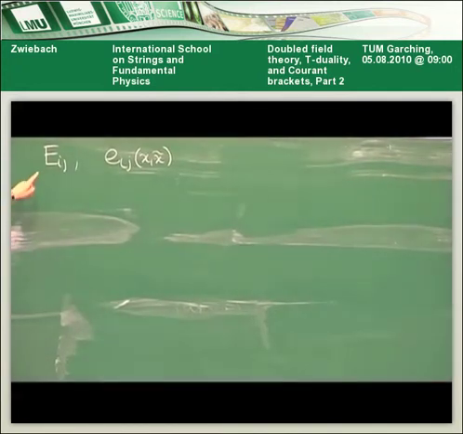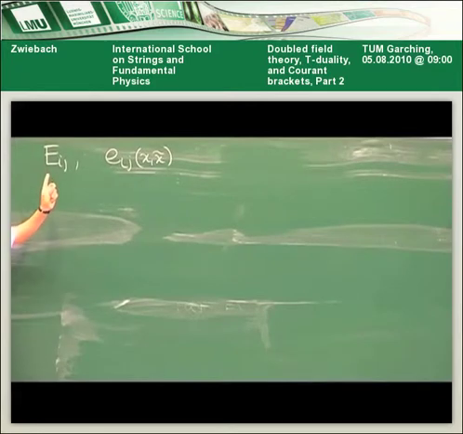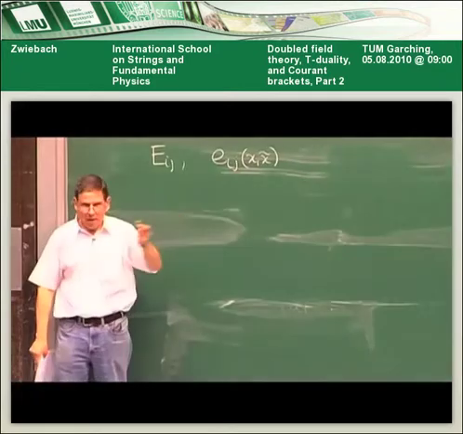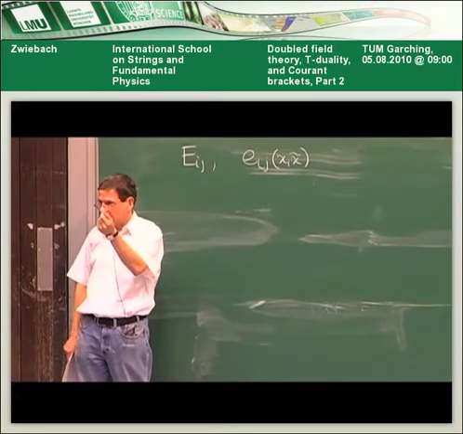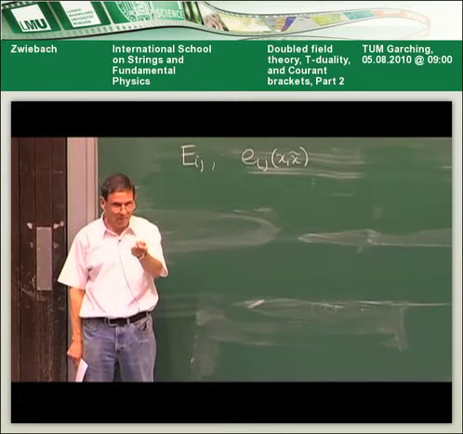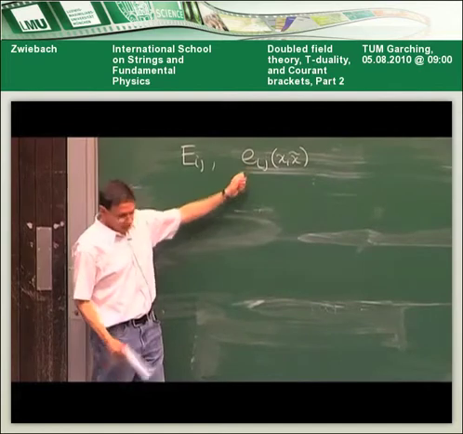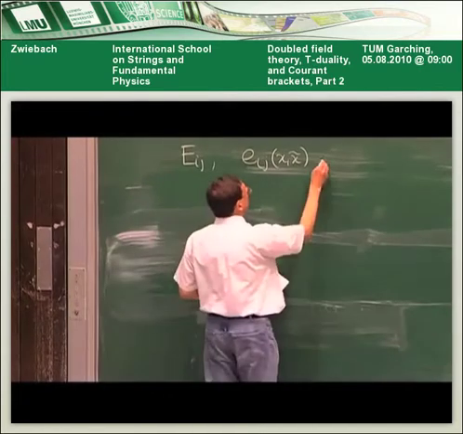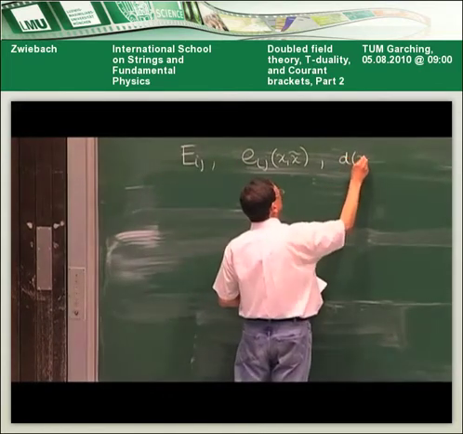This is going to be imagined as a little fluctuation of this background. The symmetric part being the gravity fluctuation, the antisymmetric part, the Kalb-Ramond fluctuation. Then there's going to be a dilaton, d of x and x tilde.